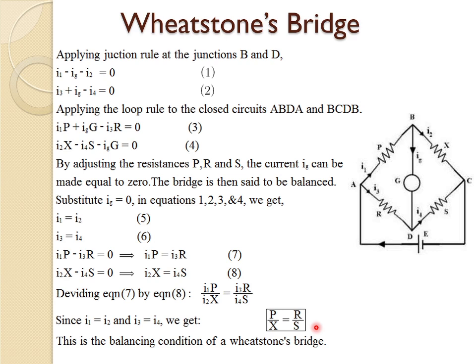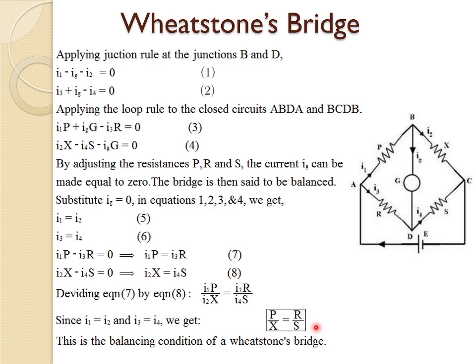Using this principle, if we know the values of P, R and S, then the unknown resistance X can be calculated. For that, first we have to make the bridge balanced. In the balanced condition, we note the values of P, R and S. Then substituting in the balancing condition, the unknown resistance X can be evaluated.